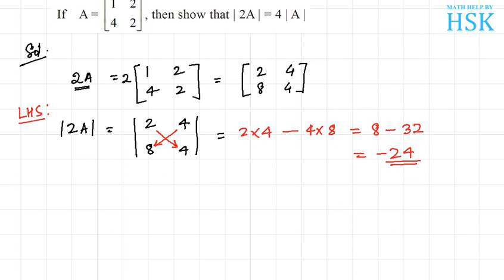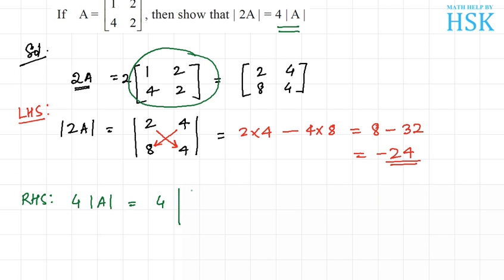Now taking the RHS, right hand side, I'm going to calculate the value of 4 times the determinant of A. So this will be equal to 4 into the determinant of matrix A. The matrix A is [1, 2; 4, 2], so the determinant of matrix A is 1 into 2 minus 2 into 4, that is 2 minus 8.